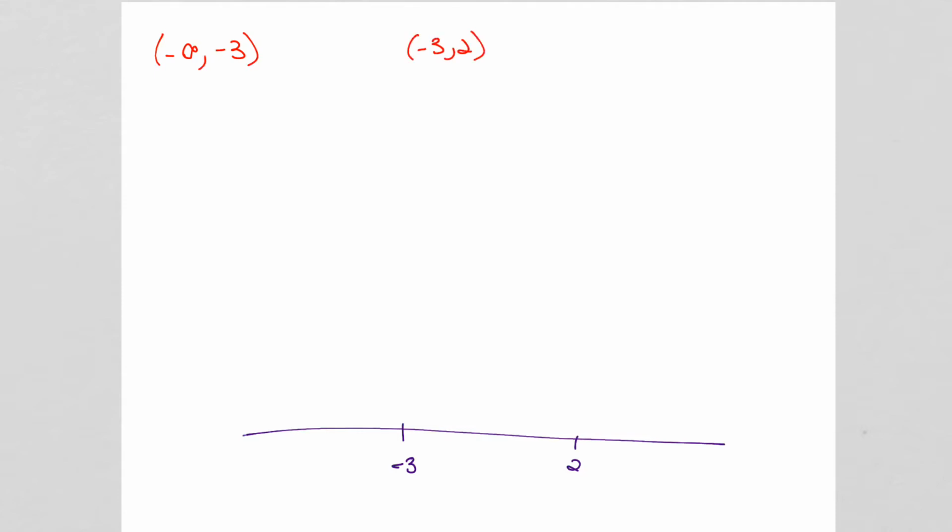I'm just going to go ahead and draw this over here. So between negative infinity and -3, then between -3 and 2, and 2 to infinity.